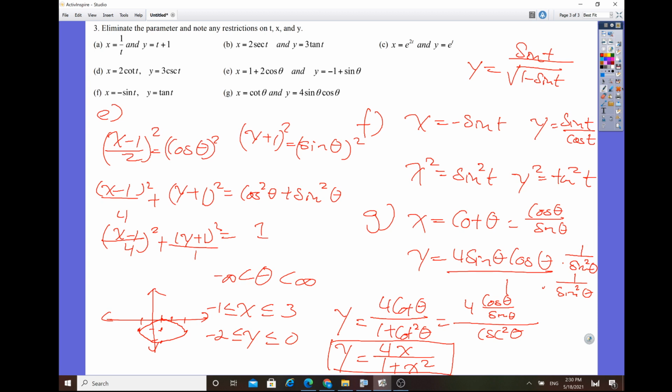And then using the replacement, this one is written as y equals negative x over the square root of 1 plus x, because negative sine t is x. So this one is a radical of a rational function.